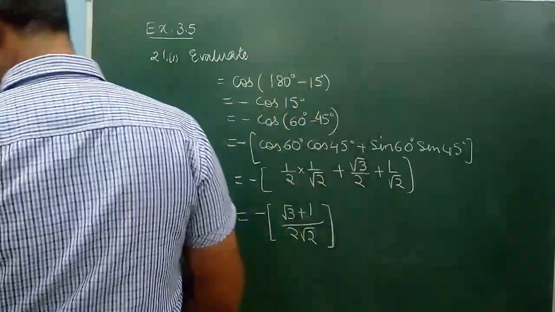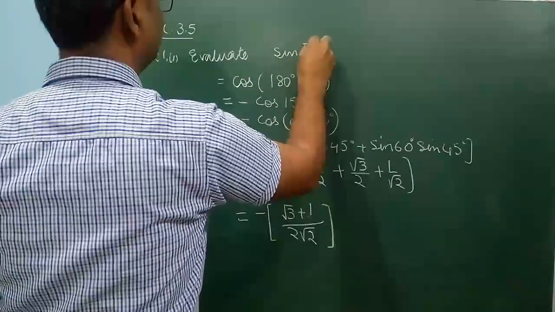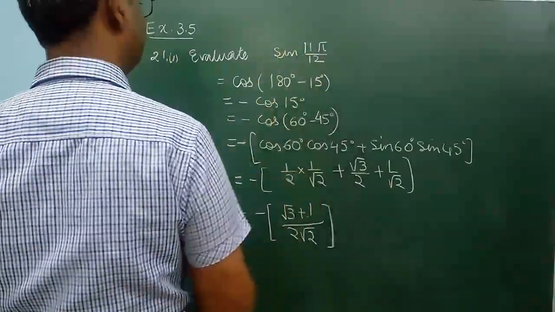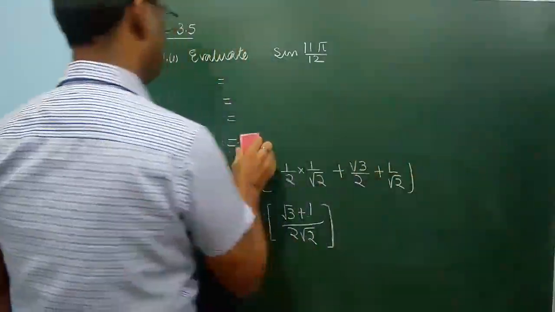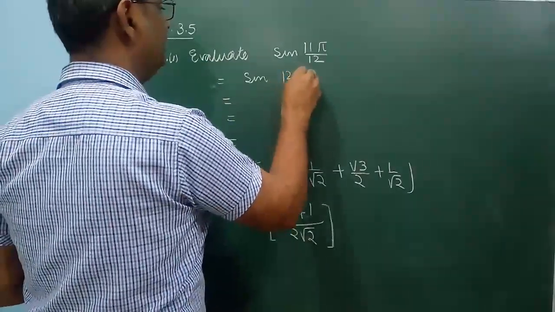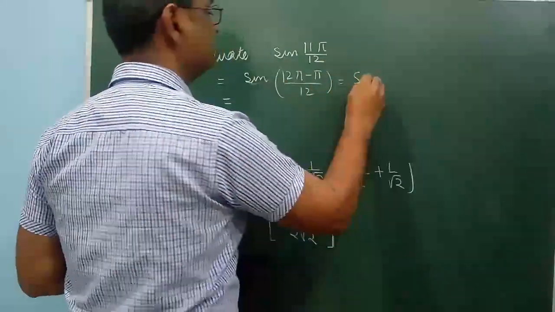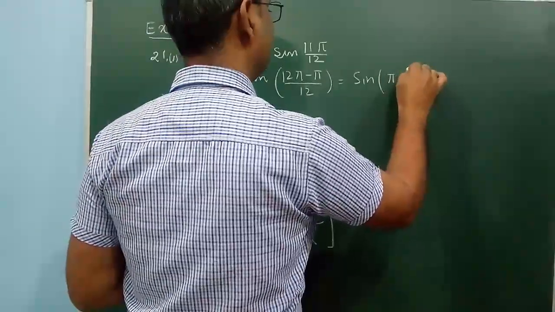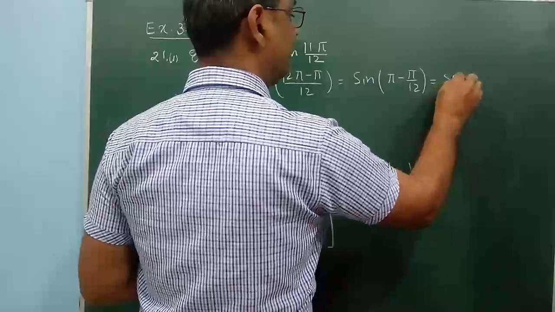Now the second one is sine 11 pi by 12. Here we will write this as sine(12 pi minus pi by 12), which is sine(pi minus pi by 12), and sine(180 minus theta) is sine theta.